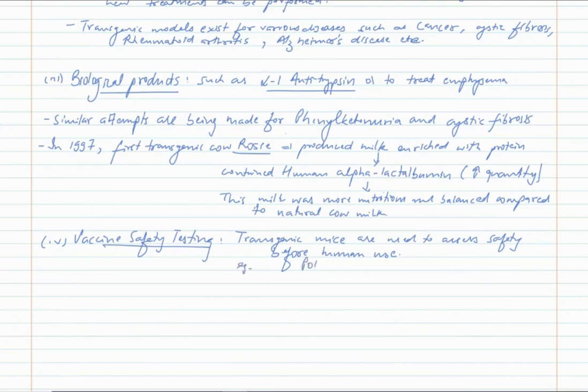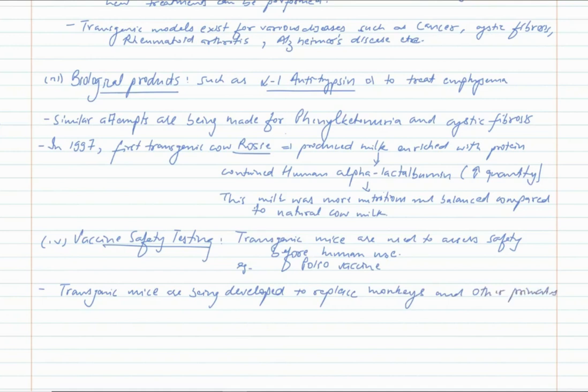For example, polio vaccine safety testing and COVID vaccine safety testing. Any vaccine can be tested on these transgenic animals. Transgenic mice are being developed to replace monkeys and other primates in vaccine safety testing.